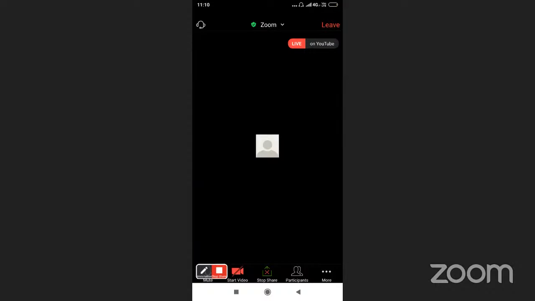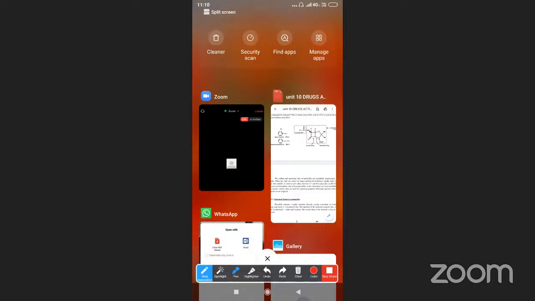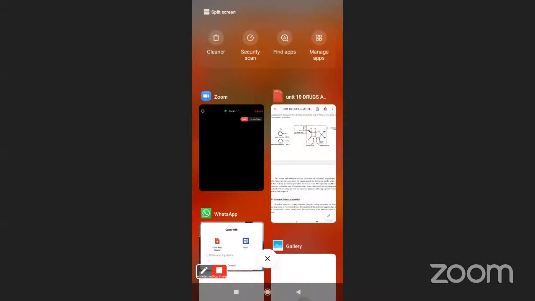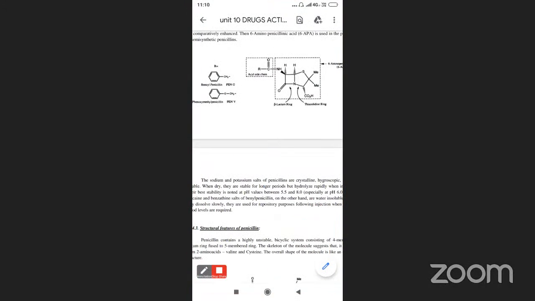Okay, so here in the drug chemistry, for example, you see this is the receptor.